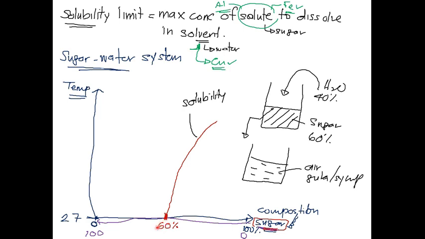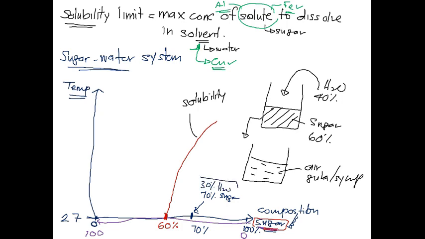What if you increase your composition of sugar? For example, this is your composition of sugar yang baru. For example, sini apa? 70%. So it means here you have 70% of sugar with 30% of water.